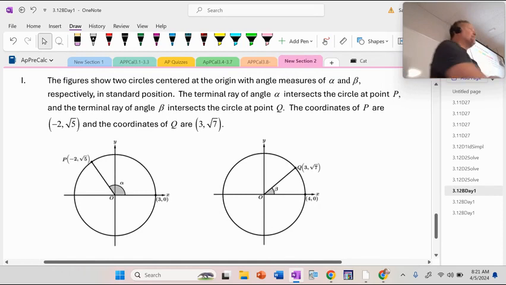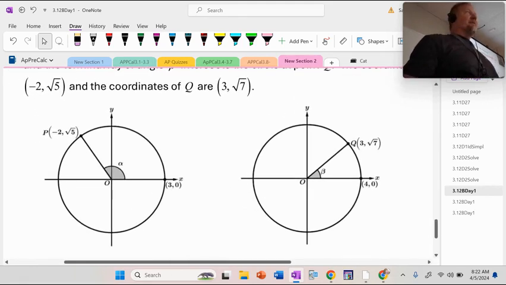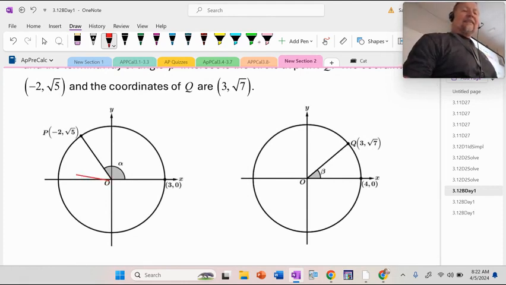Okay. What kind of trig have we been doing since February 1st? Coordinates. So this is a coordinate plane. Remember drawing a triangle? Okay, and then if this is the coordinate, it's -2 here.